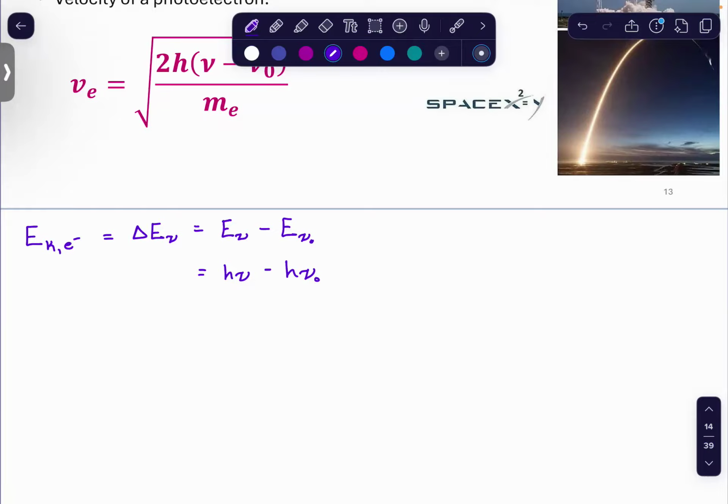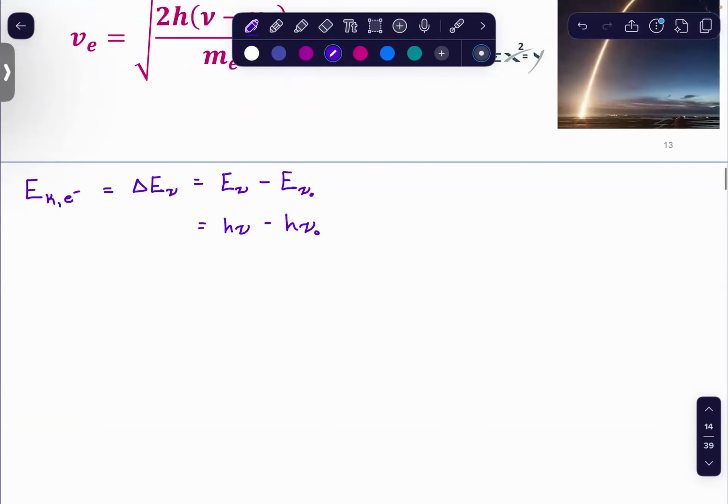But then we say, well, what is kinetic energy? That's 1/2 the mass of your electron, v squared.